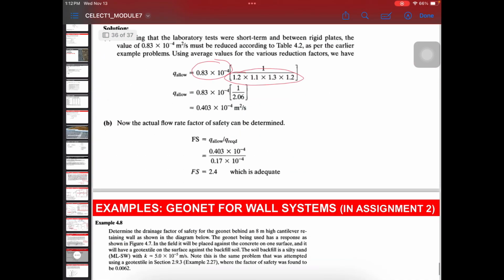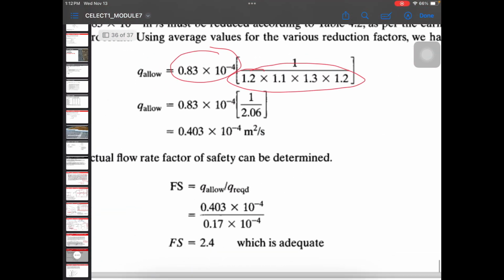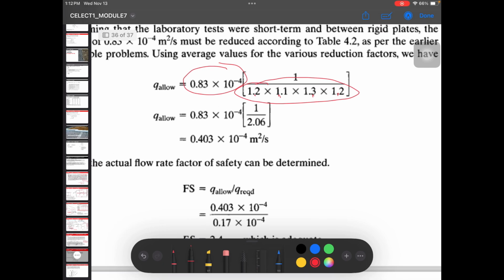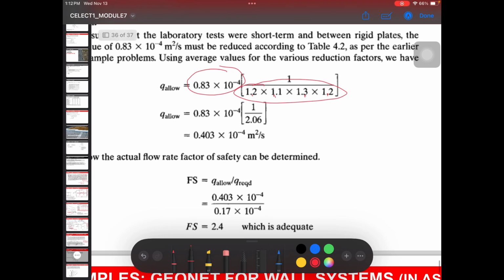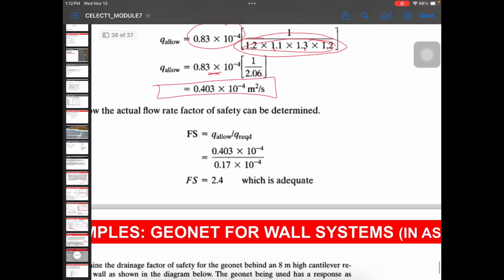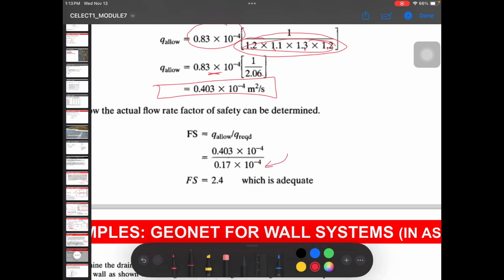Ayan. So, that's how we get yung mga reduction factors na to doon sa capillary breakage. Dahil yun ang paggagamitan ng ating Geonets. So, multiplying each and then i-divide dito, we get the Q allowable. So, next Q required. So, given na yung Q required.